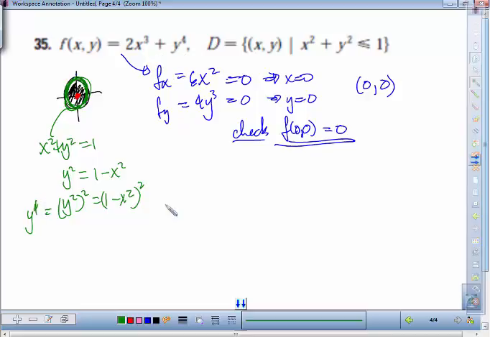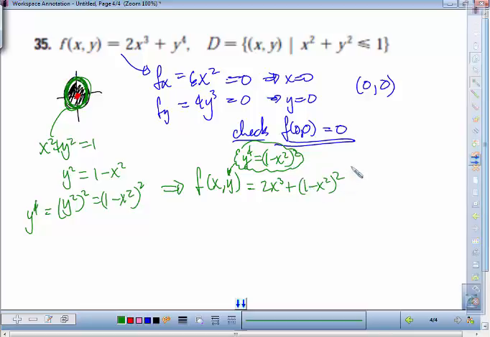So the idea is to somehow rewrite your original function as a function of just one variable instead of two. So if I replace this y to the fourth with 1 minus x squared quantity squared, then I'll have this function as just a function of x. So I have 2x to the third plus y to the fourth, which is 1 minus x squared quantity squared.